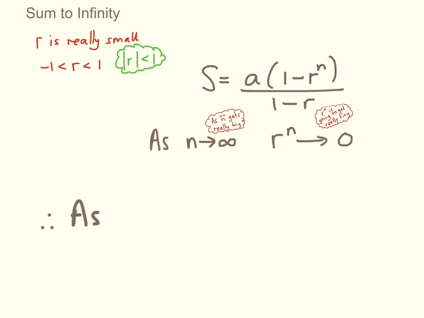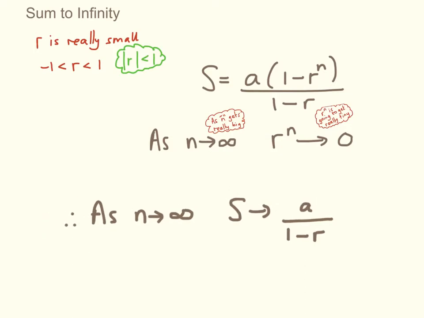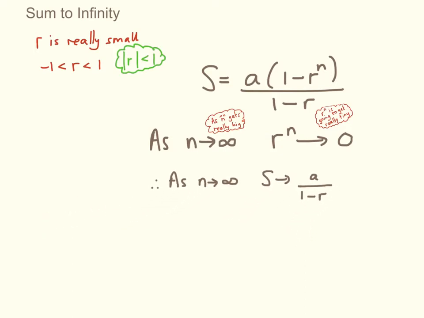So the bigger that power gets, the r to the power n term goes towards 0. So we could treat it as actually going to 0. As n approaches infinity, the sum approaches a divided by 1 subtract r, because r to the power n would have gone to 0, so you just add a on the top.